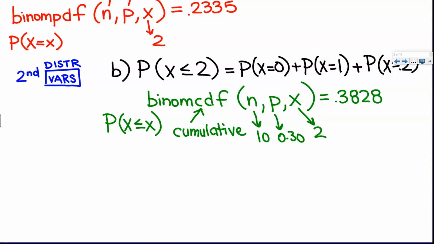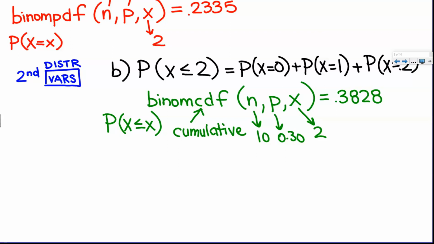Alright, so if you understand how to use the PDF and the CDF, that's what most of Chapter 6 is, okay? Because for calculating binomial probabilities, you're either actually using the formula, or you're using the calculator option. So mainly what most of our examples are looking at is, okay, I've got these two options of using the PDF or the CDF.